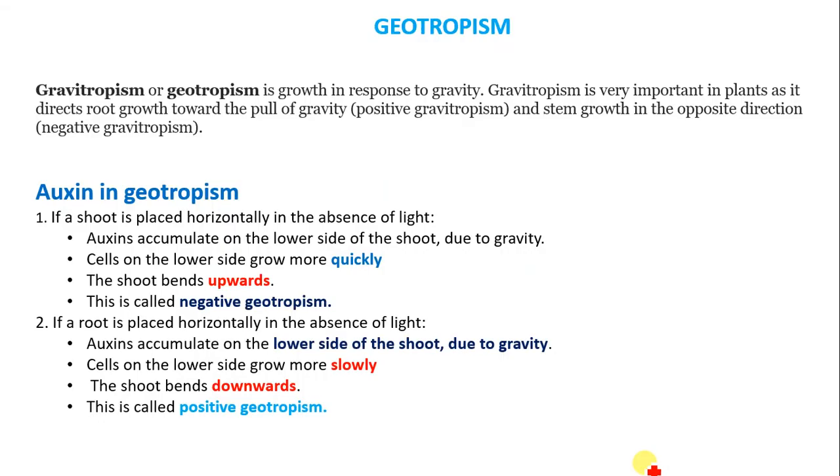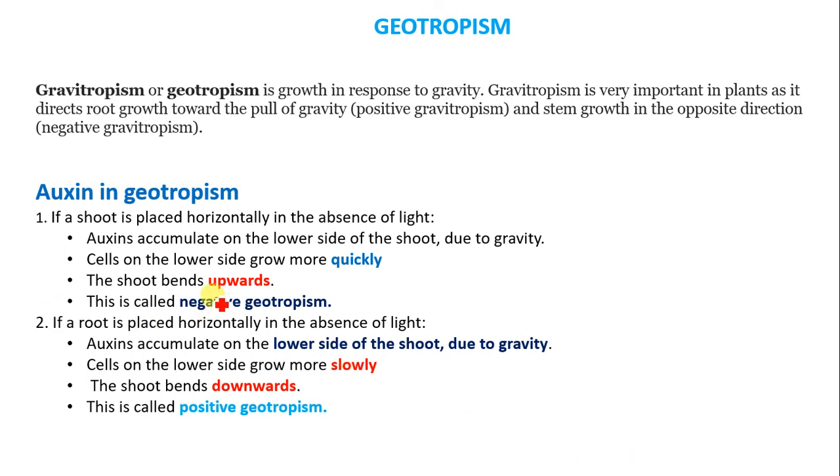Now, in the case of geotropism, gravitropism is growth in response to gravity. Gravitropism is very important in plants as it directs root growth towards the pull of gravity. That's positive gravitropism, and stem growth in the opposite direction. That's negative gravitropism.